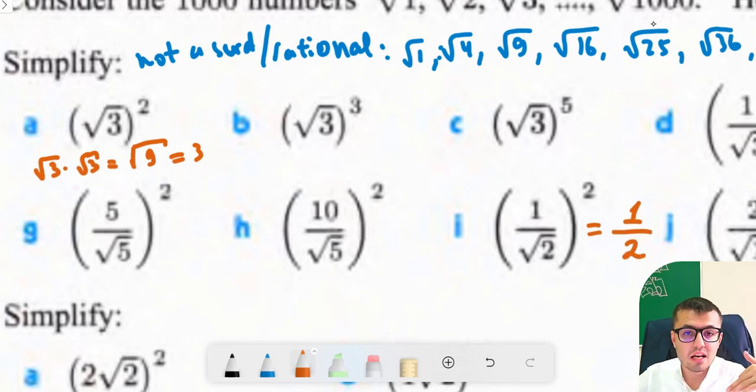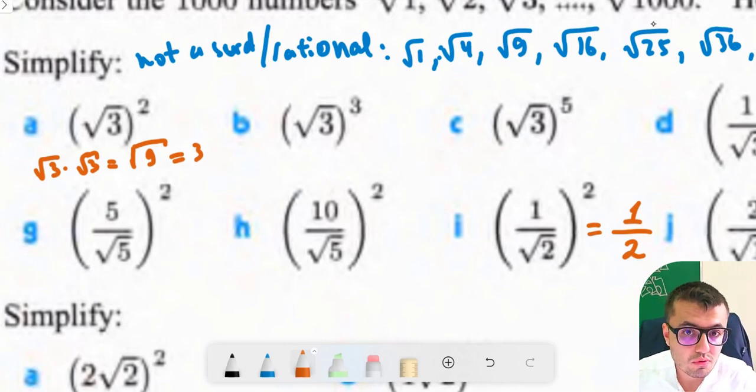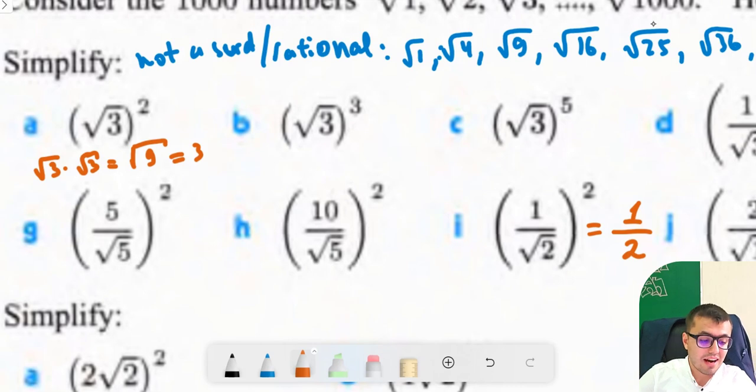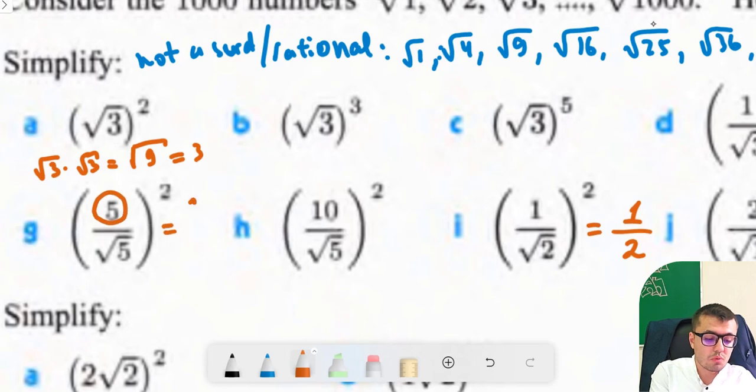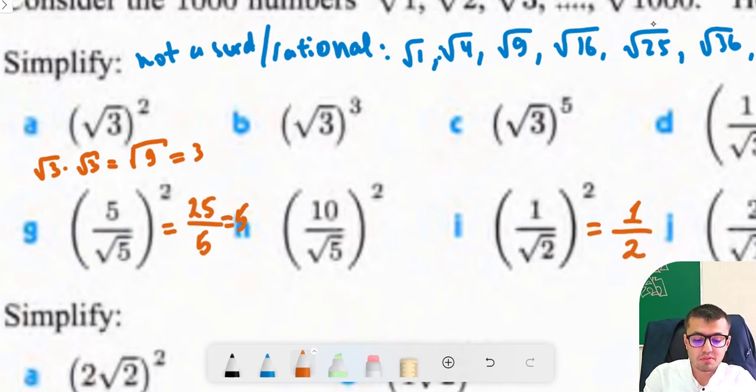So when you have just a root of 5, and you want to square this, you're going to get 5, right? Here, again, I'm going to square them separately. The top squared is 25, and this squared is just 5. So the answer would be 5 if you simplify completely.